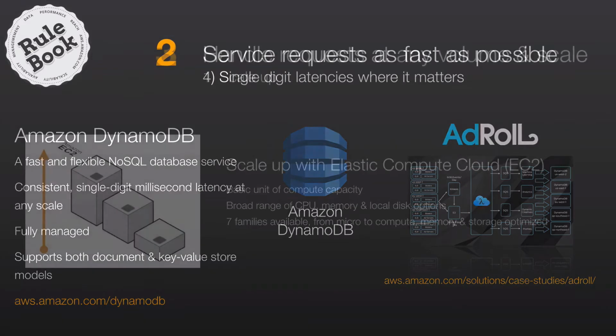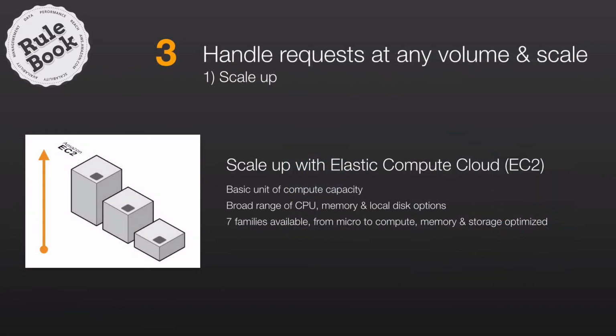Moving on from how you deal with requests with speed, we're going to take a look at scaling now, how you might scale up your architecture or scale out your architecture to enable you to handle requests at any volume and scale. And the first thing to say here is that with EC2, the Elastic Compute Cloud, you have a broad range of different CPU, memory, and local storage options that you can take advantage of.